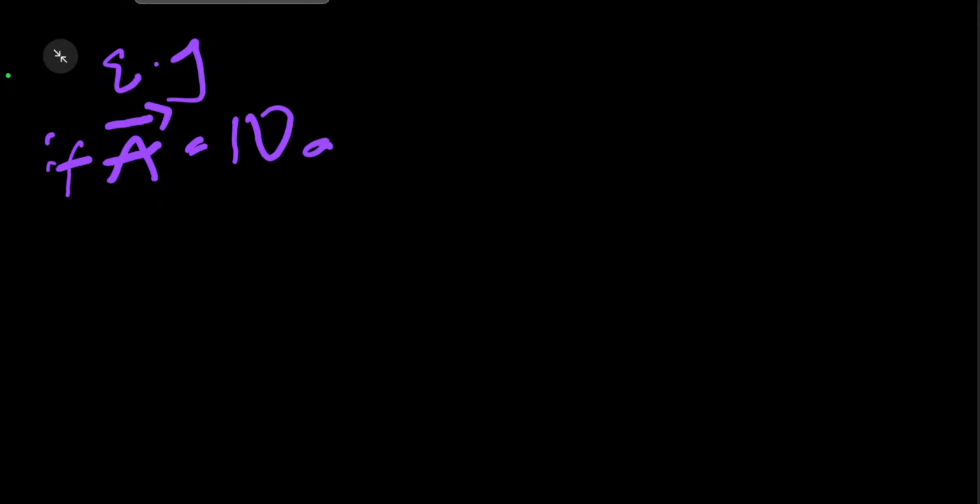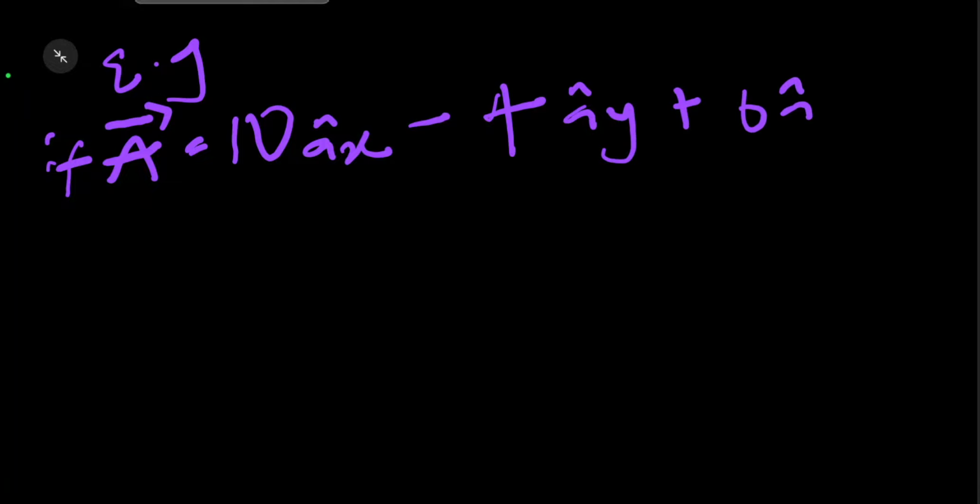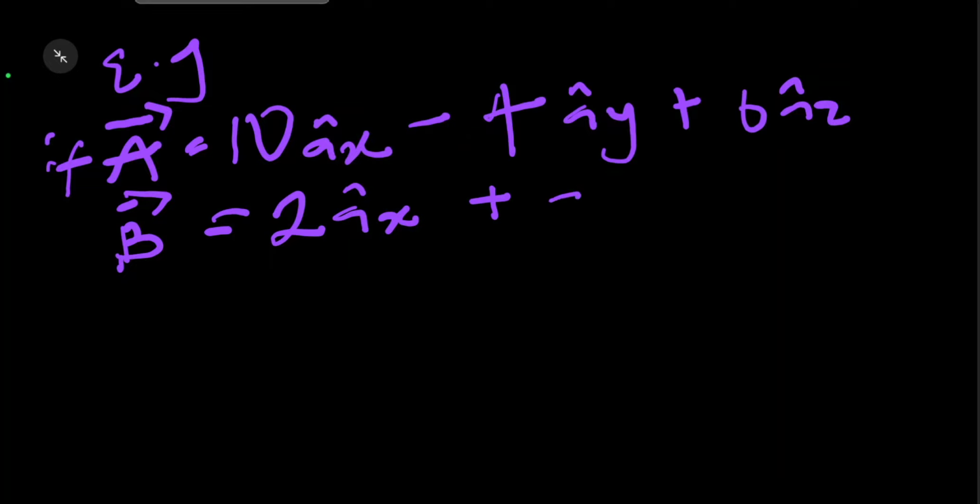Let's look at an example. Let's say we have vector A equal to 10 unit vector, and the unit vector is just showing the direction of the vector. I explained that in my previous video. And we have our second vector B, which is 2ax plus y.